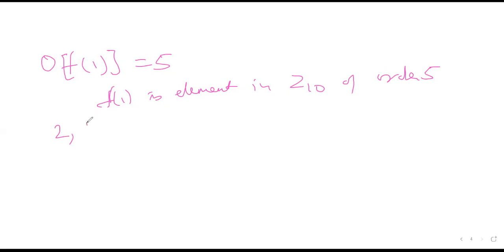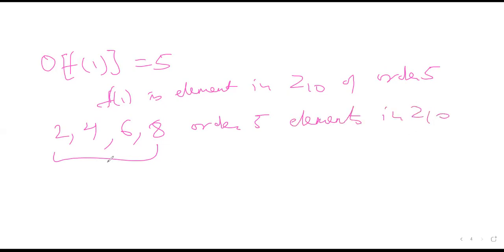Then 4 also has order 5: 4 into 5 is 20, and no smaller multiple of 4 is divisible by 10. Then similarly 6 and 8. These are the order 5 elements in Z10. So these will be the 4 possible ones.